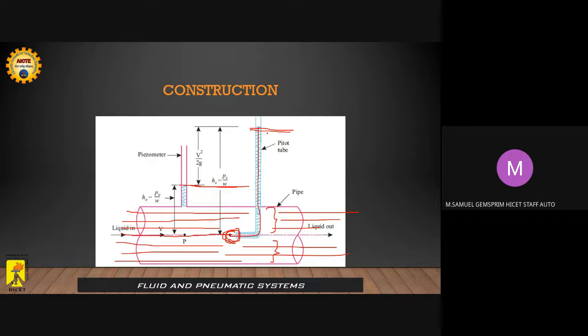This is because of the conversion of kinetic energy to pressure energy. That is why it is mentioned as V square by 2g. So this is the default pressure, but this is the elevated pressure due to the kinetic energy of the fluid. This particular region is directly equal to V square by 2g. We will check that in the next few slides.